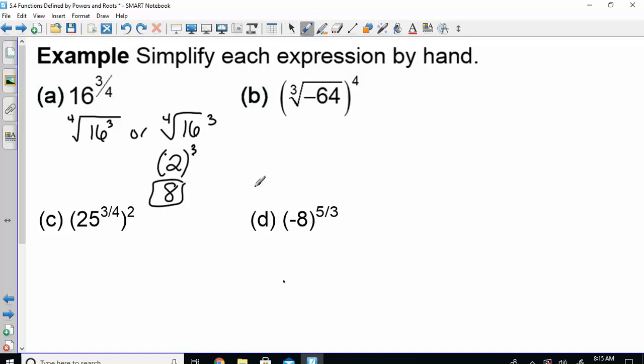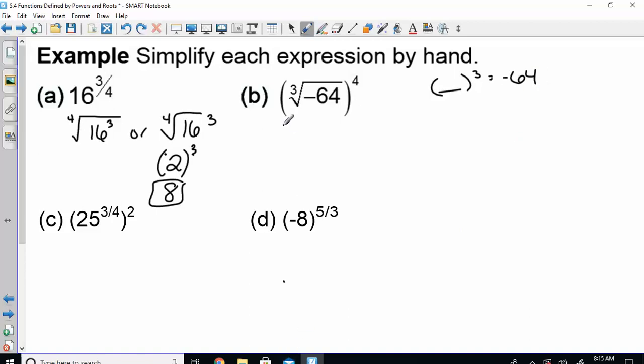Let's try some more. So B, the cube root of -64 to the 4th. So the cube root of -64, that's like saying what number to the 3rd power equals -64.